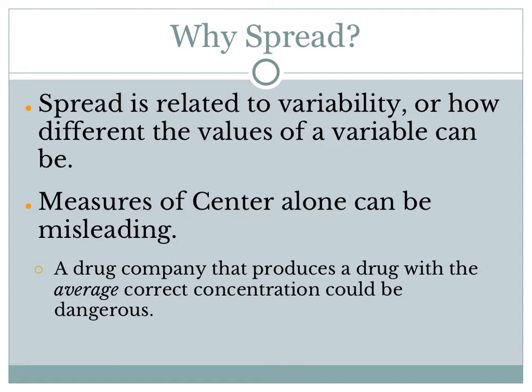Just producing the average could be dangerous. That could mean that some of the pills don't contain much of the active ingredient while others contain too much, as long as they all averaged out together. So spread kind of addresses consistency, so to speak, in whatever it is the data represents.